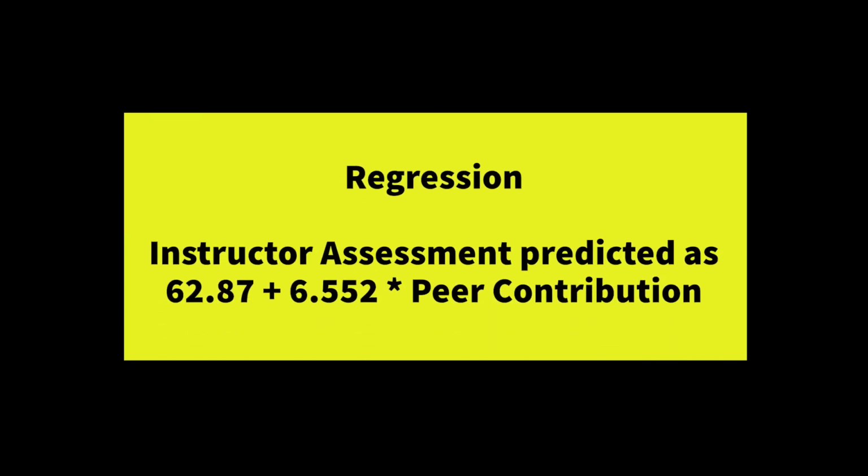To investigate possible relationships between any of these variables and the instructor's subjective evaluation, I looked at the instructor's grades for each student and found that the only variable that was a significant predictor of the instructor assessment was, in fact, the peer evaluation of the individual's contribution, with this linear regression equation.